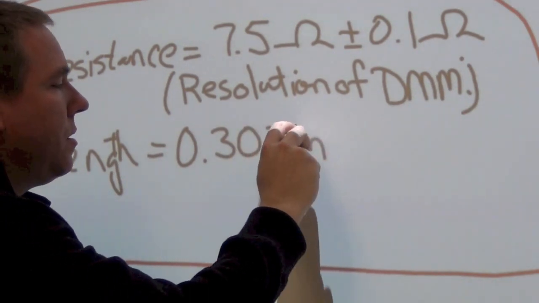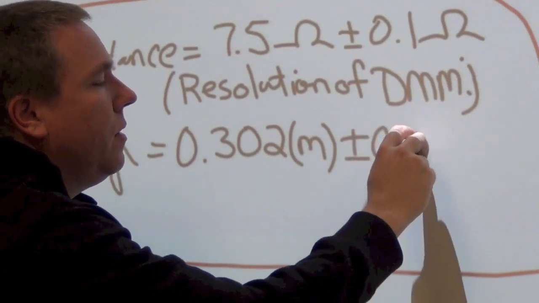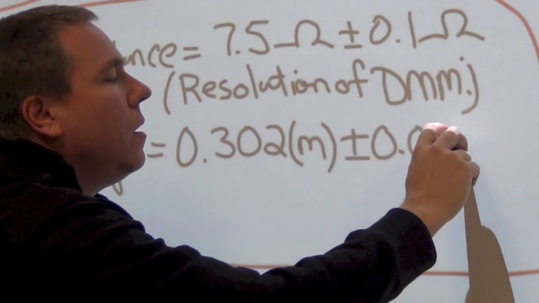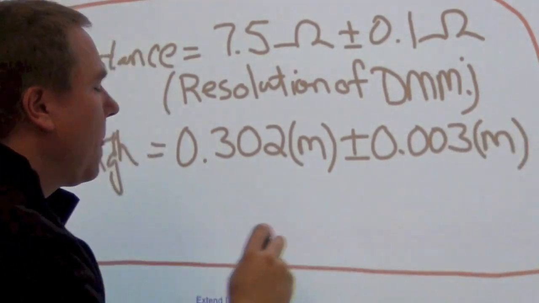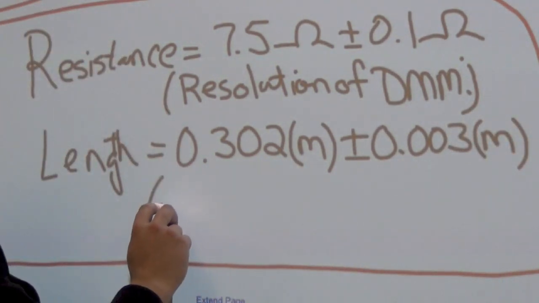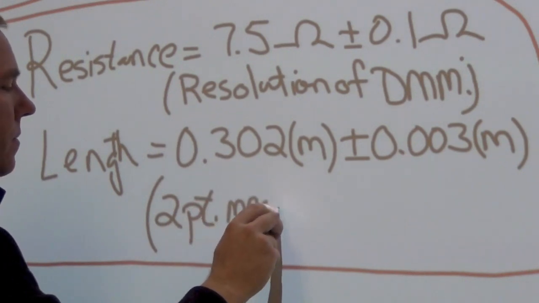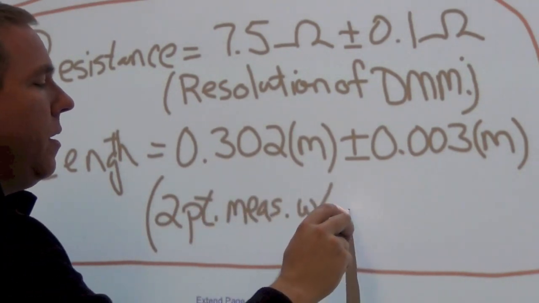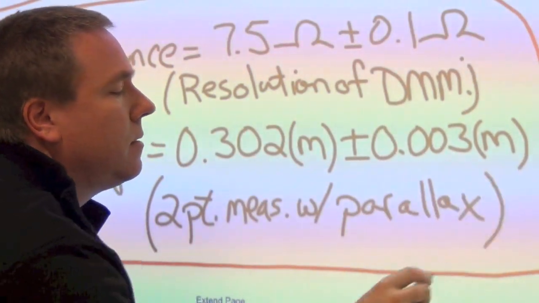0.302 meters plus or minus 0.003 meters. And I would say over here, this is a 2-point measurement with parallax.